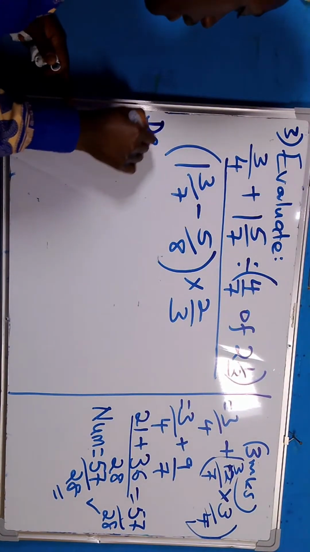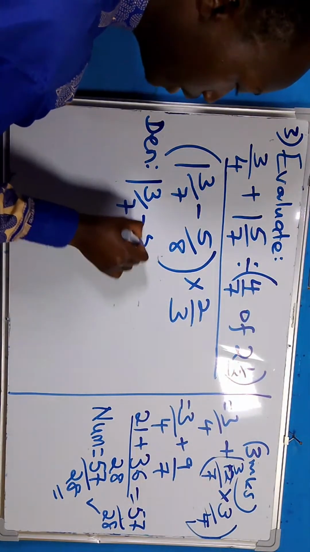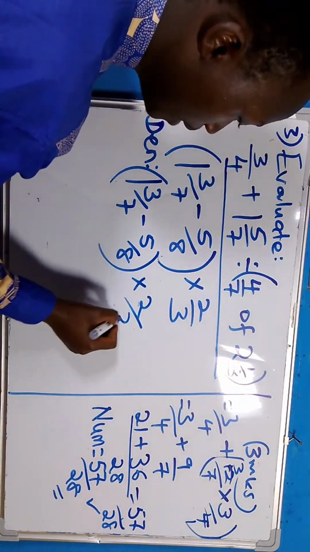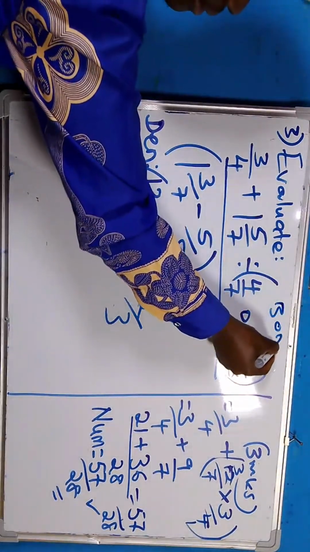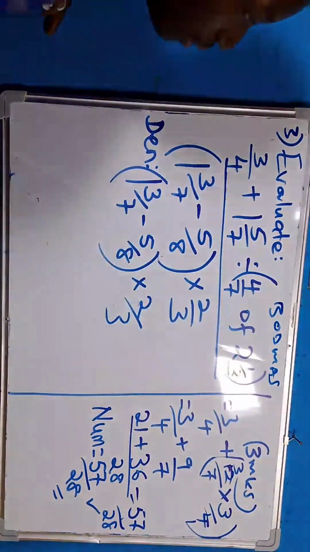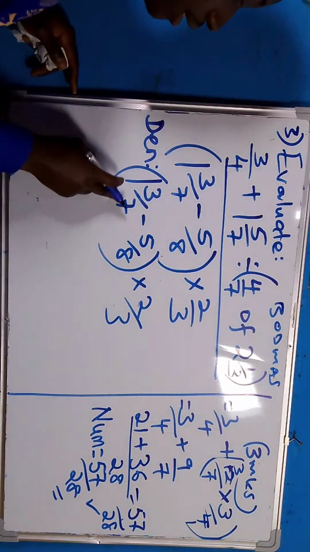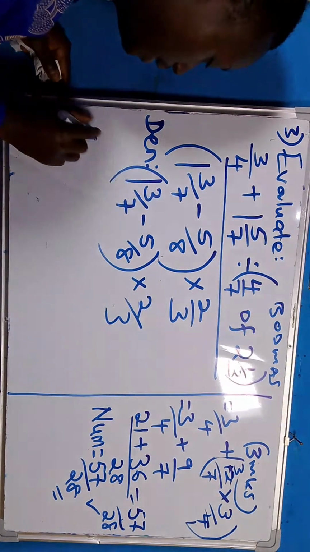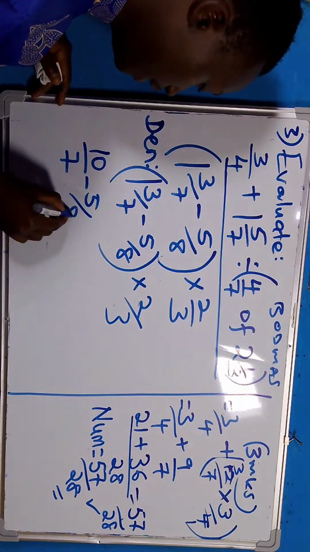In our denominator we have a bracket, and in our bracket we will solve this one. Let us write this as an improper fraction: 1 times 7 is 7 plus 3 is 10 over 7 minus 5 over 8.